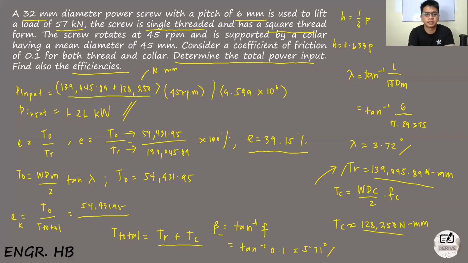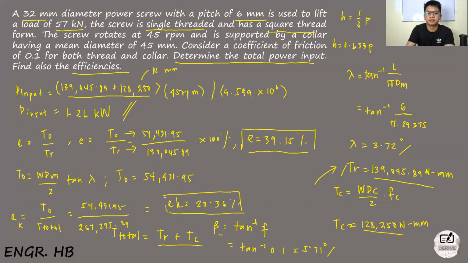Kaya hindi ko rin binura ito kasi yan yung total torque 139,045.89 plus 128,250, 267,295.89. So that will give you 20.36%. So ayan, dalawang efficiency, compare mo, and that will show that EK is less than E. Alright.